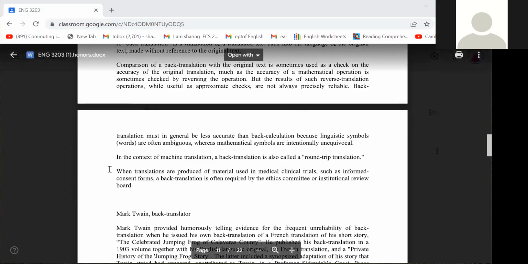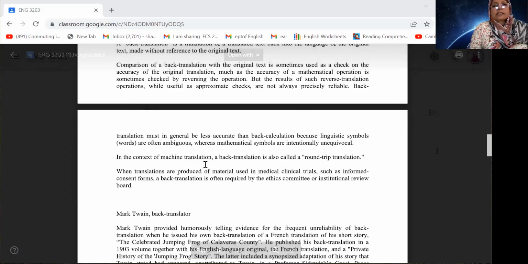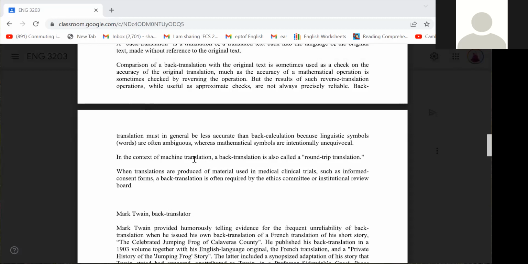In the context of machine translation, it is called round trip translation. When back translation is done by machine translation, it will be called a round trip translation.